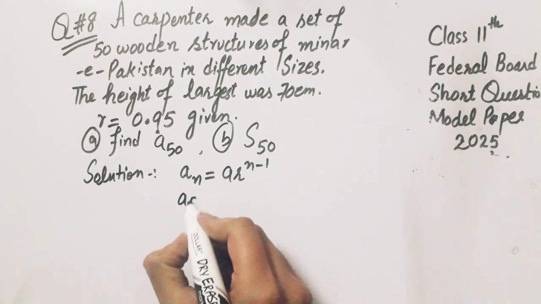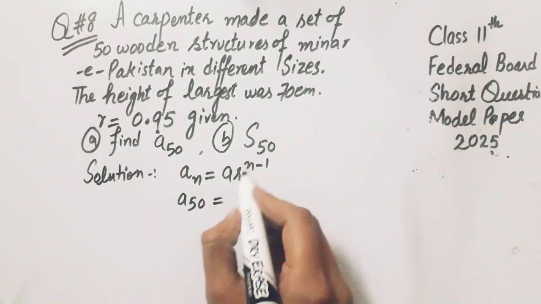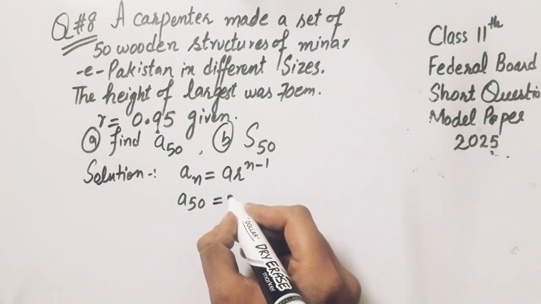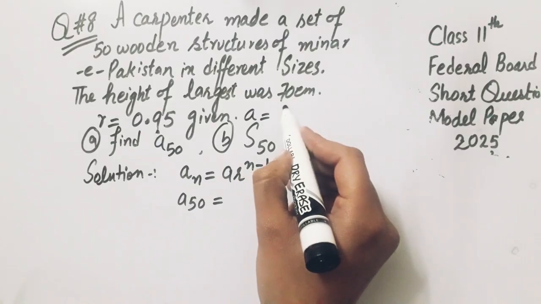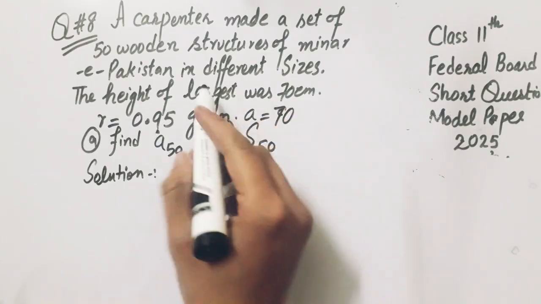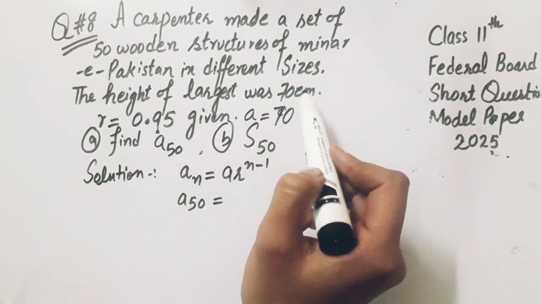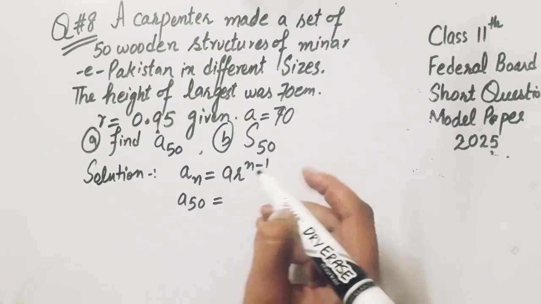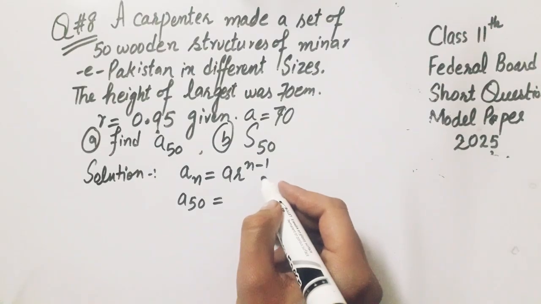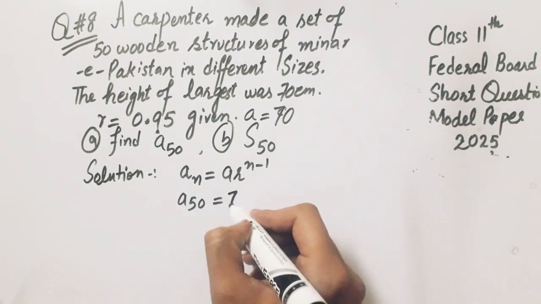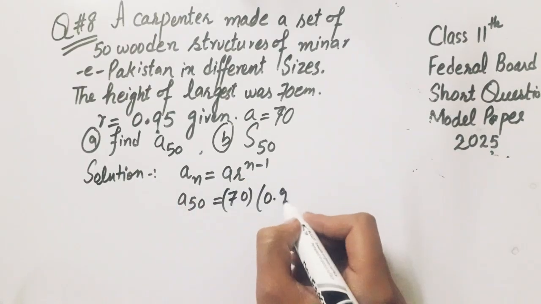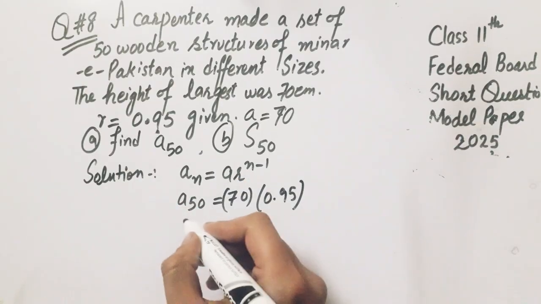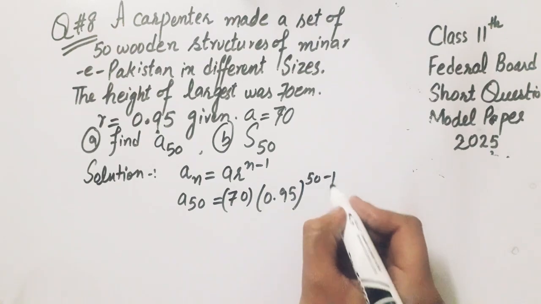So A50 is equal to, the value of a is given as 70, because this is the largest, and r is 0.95 and n is 50, so 50 minus 1.